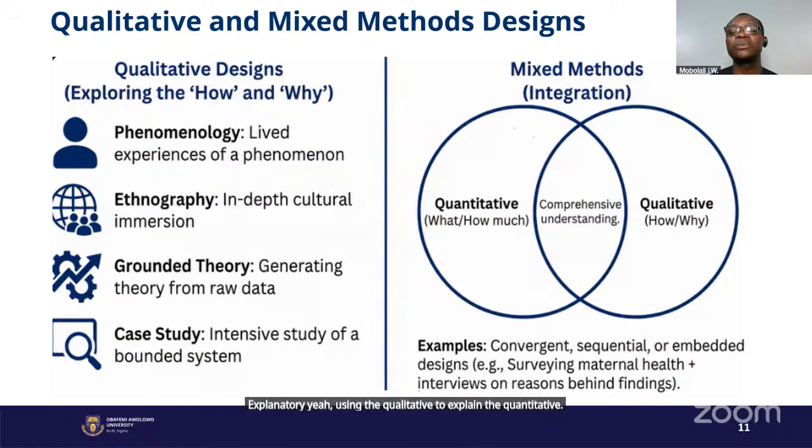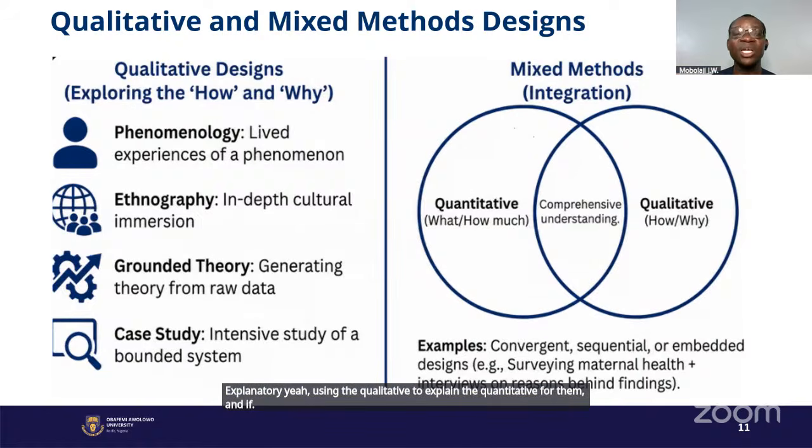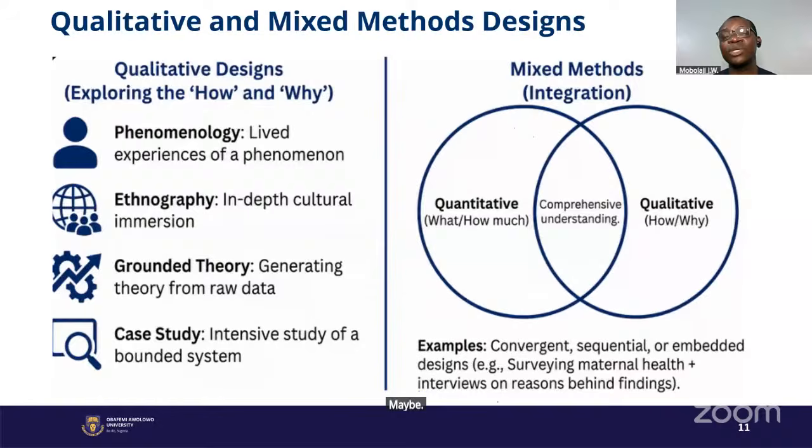And if you do the qualitative first, maybe you want to develop some concept, some construct, and then use the quantitative to look at the prevalence of that, in that situation you're going to be using a sequential exploratory design.